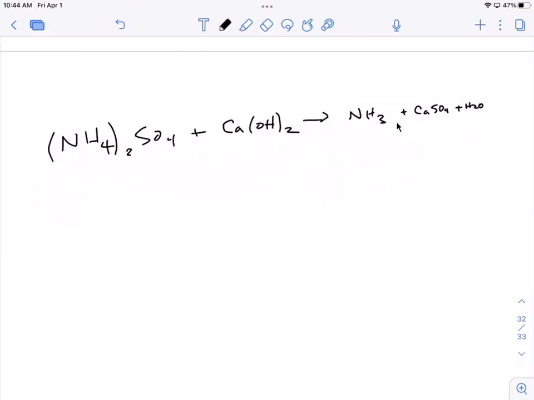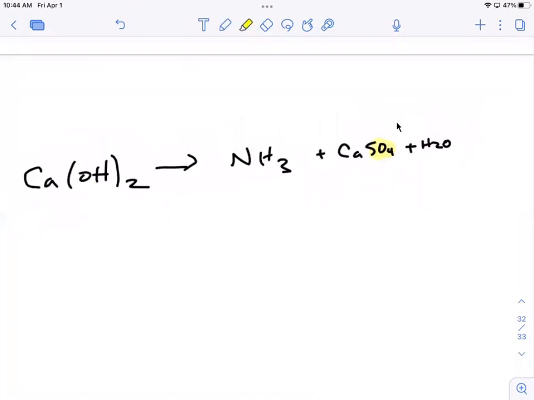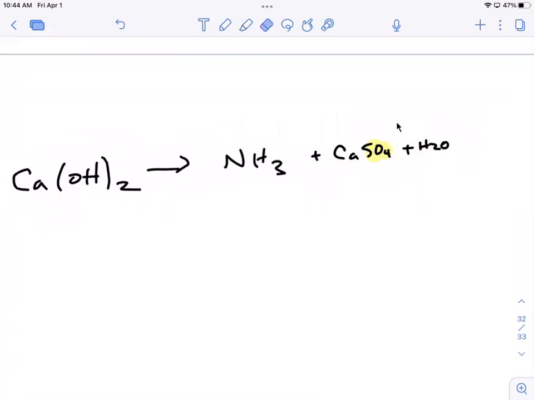All right. Let's balance this. I want us to balance it together. And here, the only thing that's intact is the sulfate on both sides. And I think we can do the same little trick we did with water as well on both sides. So let's try that again.